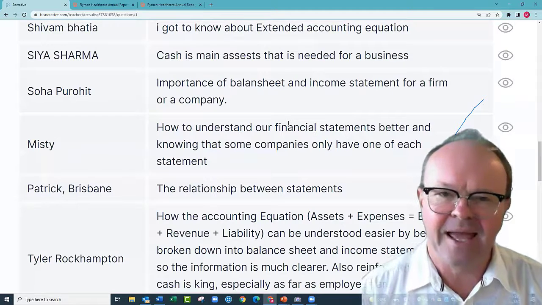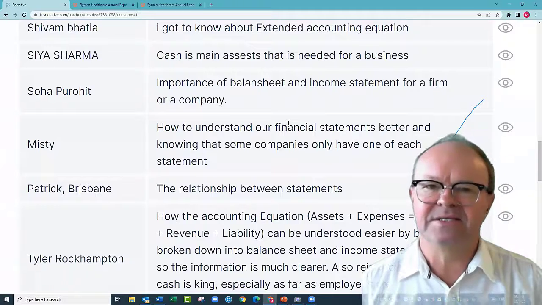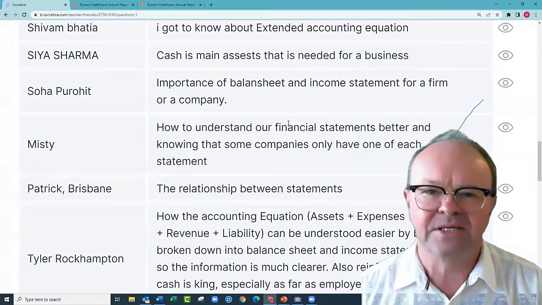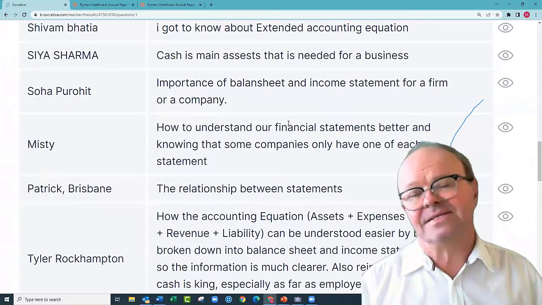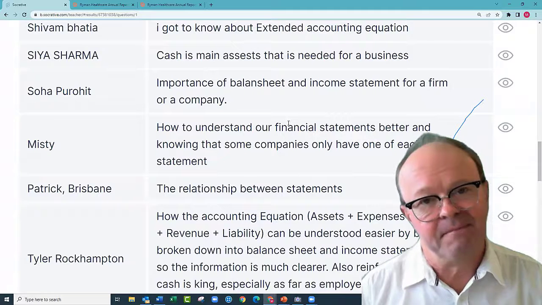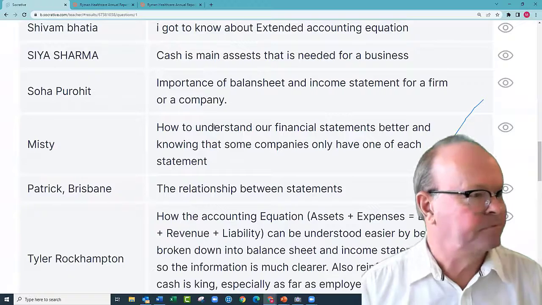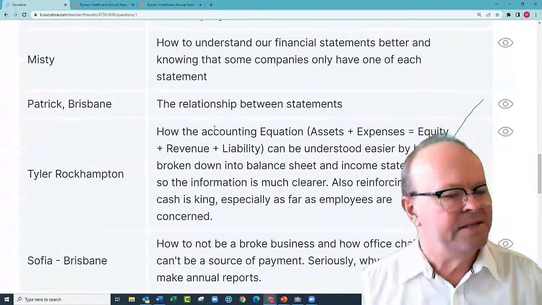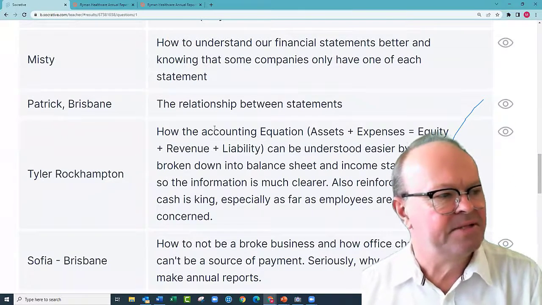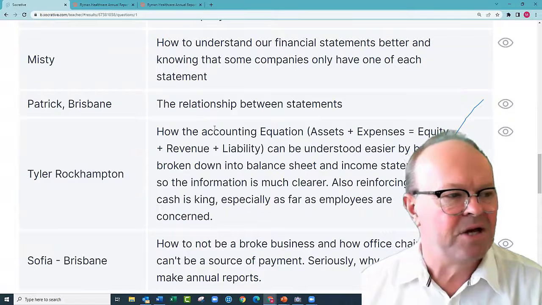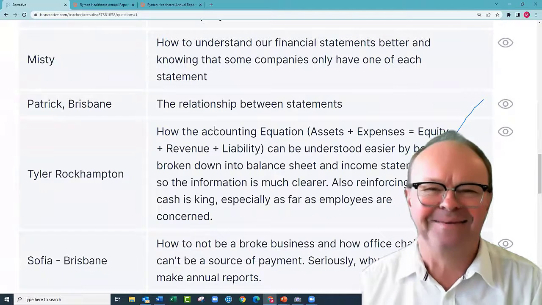Well, the fundamental accounting equation: assets plus expenses equals equity plus revenue plus liabilities. And the assets, equity, and liabilities are in the balance sheet, and the revenue and expenses are in the income statement.